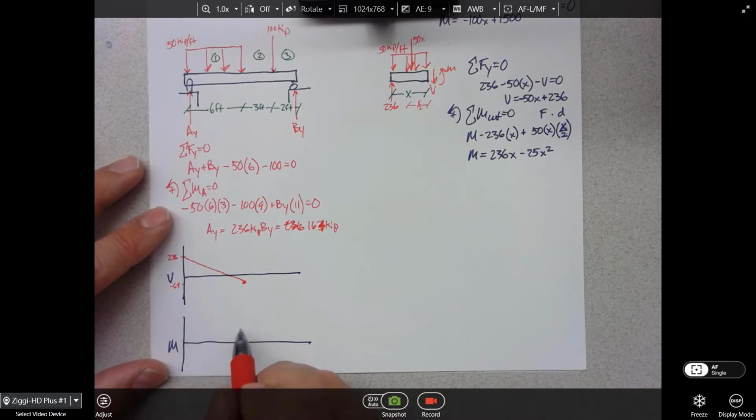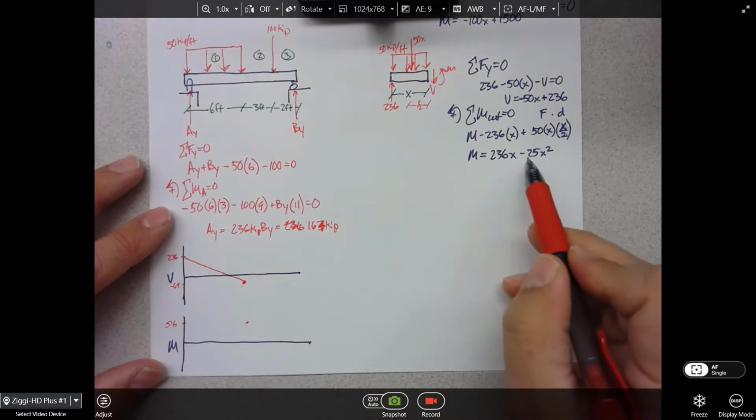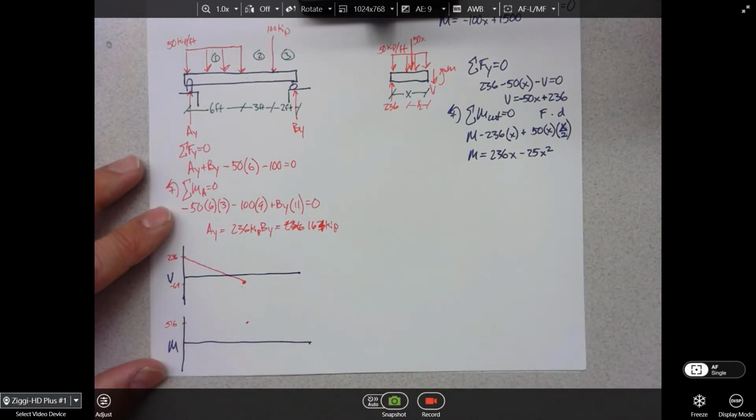So we're going to call this 516, right? What is it at 4 or at 5? 555, so it's more, right?